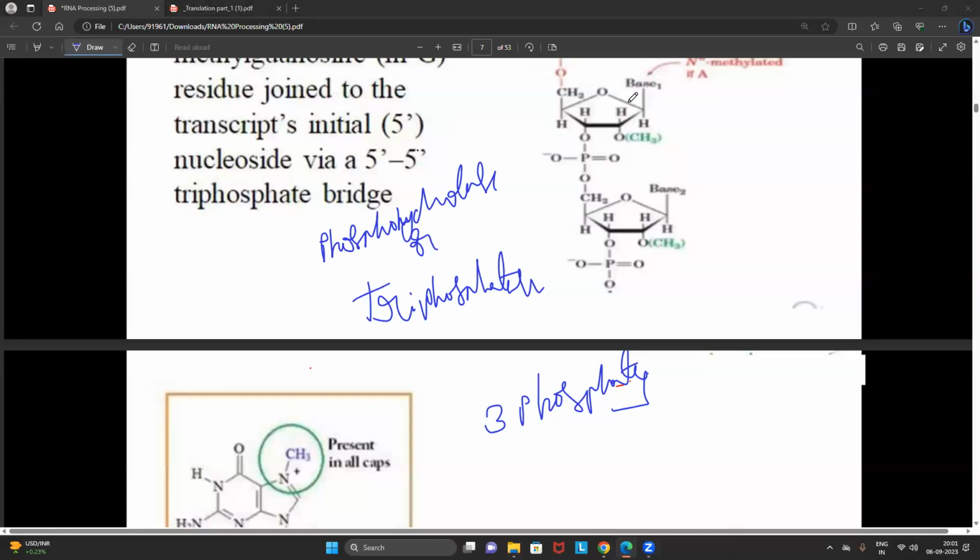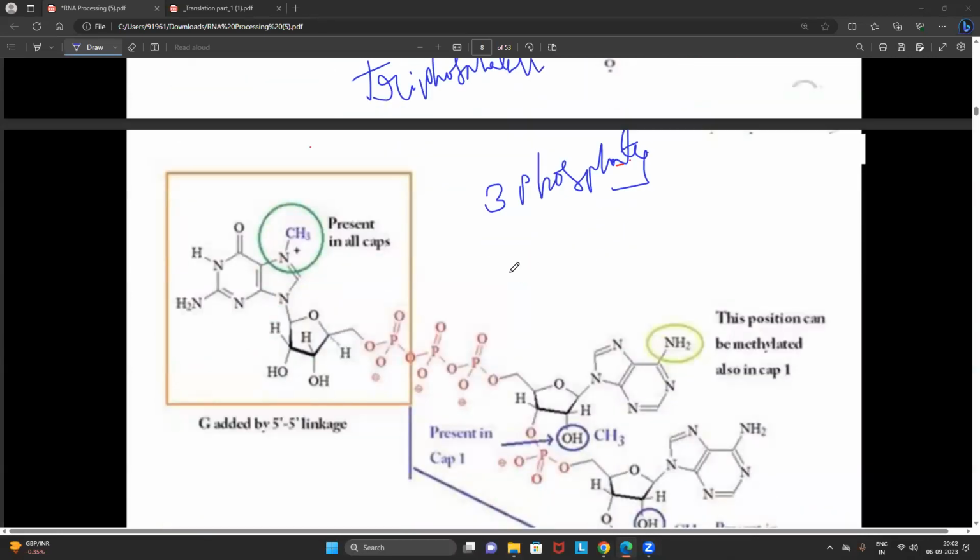Please don't get confused. From the mRNA we remove one phosphate, and if you quickly recall, from the GTP we remove two phosphates.